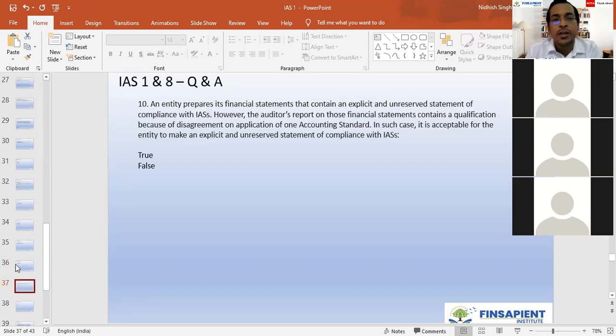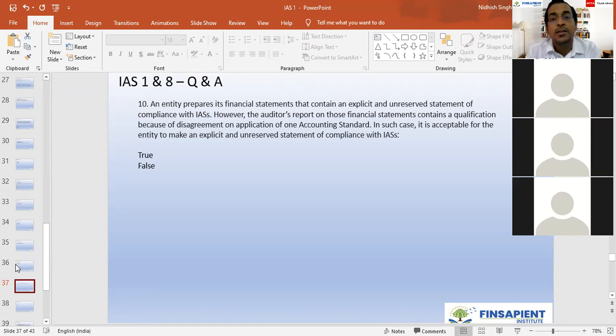An entity prepares its financial statements that contain an explicit and unreserved statement of compliance with IAS. So it is essentially saying a company prepares the financial statements confirming that they have complied fully with IAS or maybe IFRS. The auditor's report finds that there is some disagreement, some breach of IFRS in the financial statements.